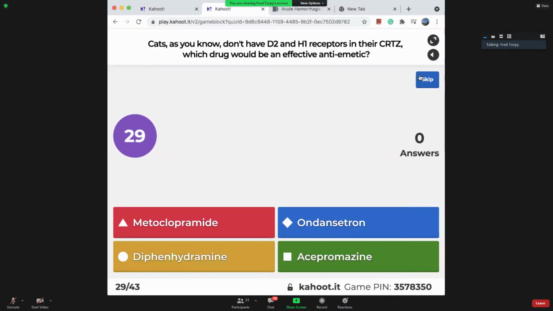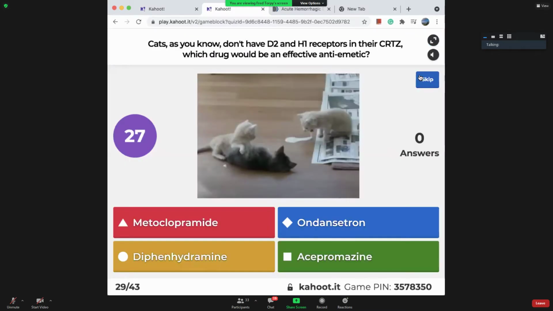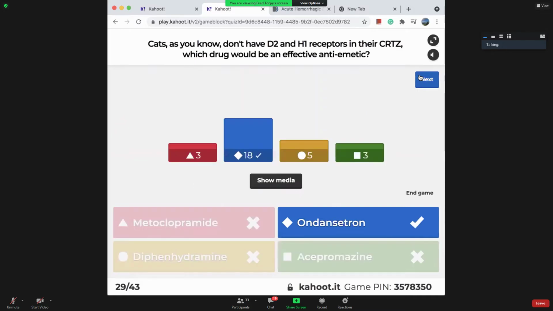So we don't have dopamine and histamine in our chemoreceptor trigger zone in cats. So which of these would be good? Good job, you guys.